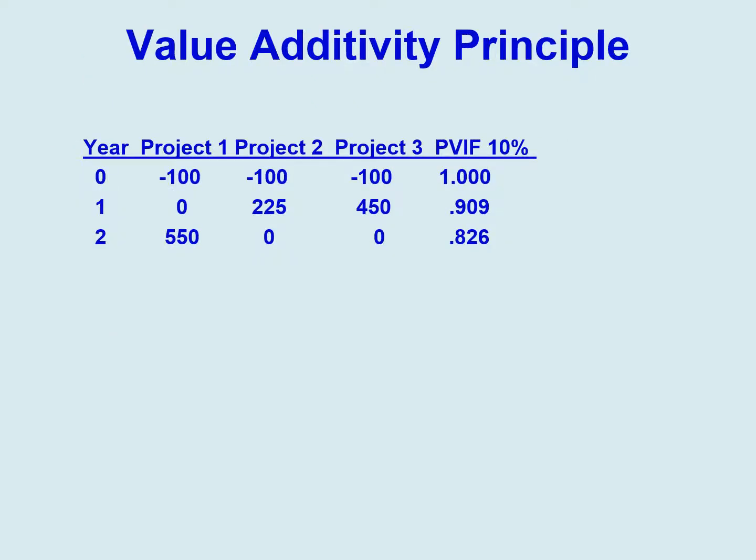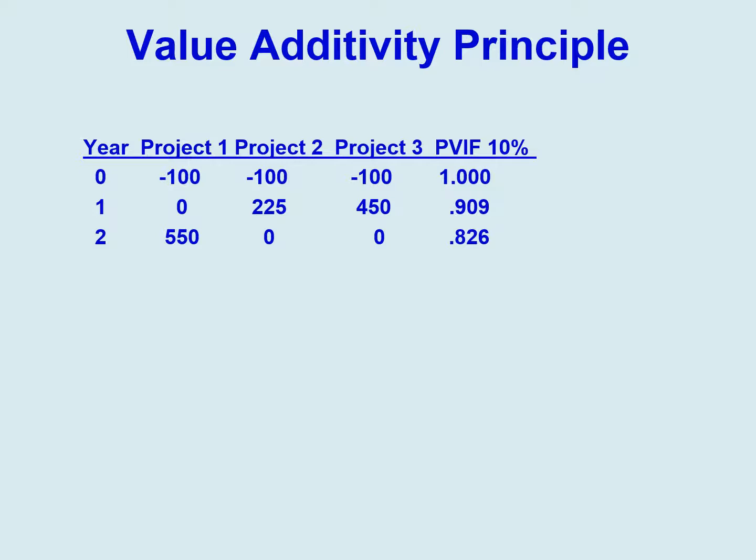To drive home the point of this comparability of NPV and how important it is, we have what's called the value additivity principle. Let's take a look at this as an example. Here we've got 3 projects with a life of 2 years and a cost of capital of 10%.